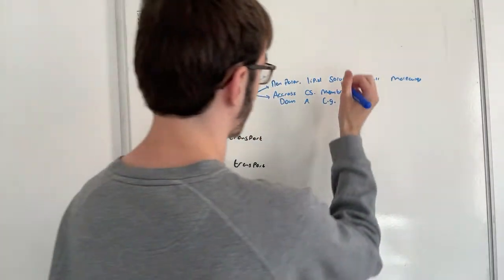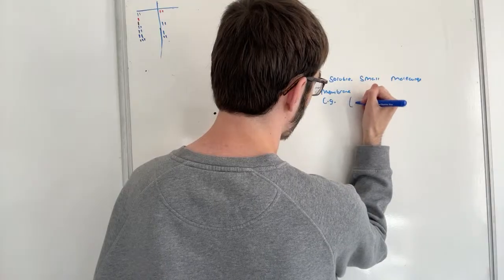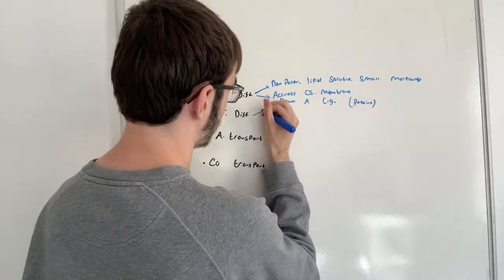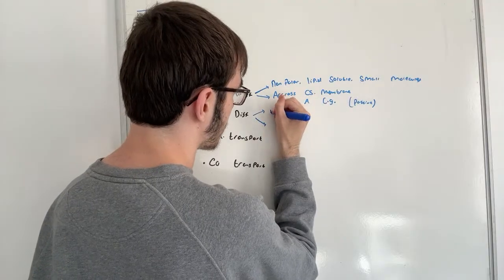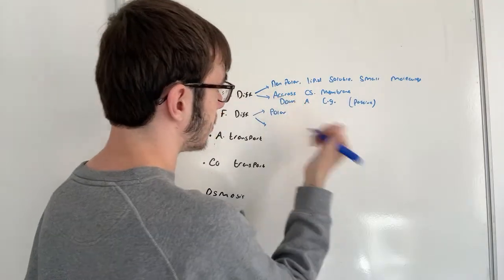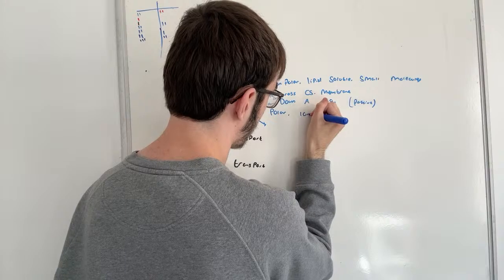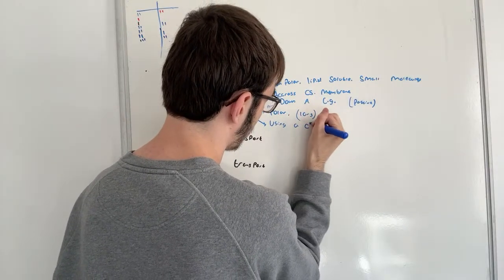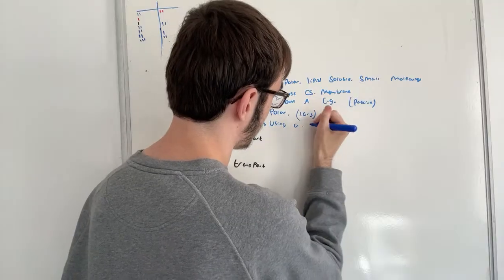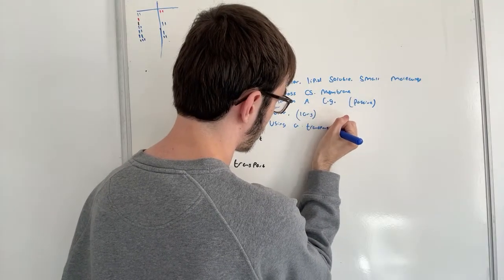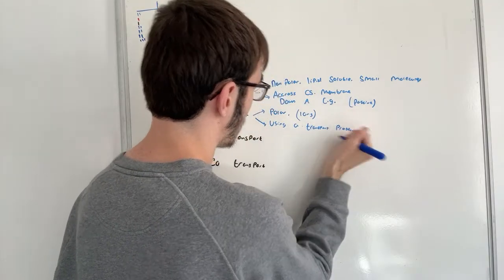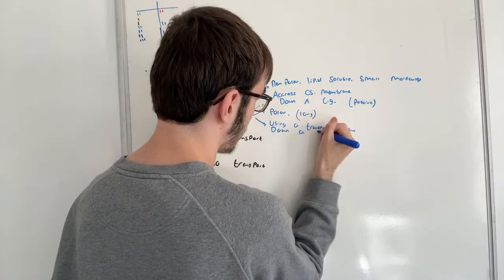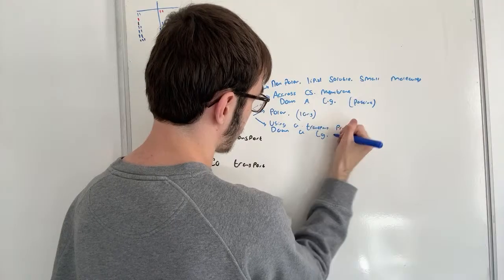And it's a passive process. 2, facilitated diffusion. That is the movement of polar molecules, such as ions, using a transport protein, and again it's going to be down a concentration gradient, so it's passive.